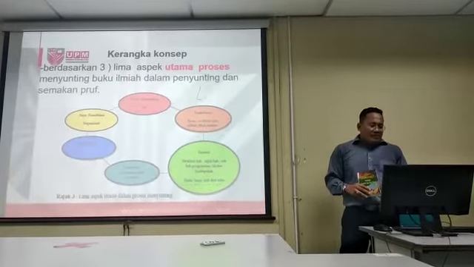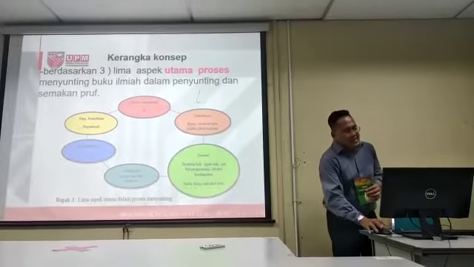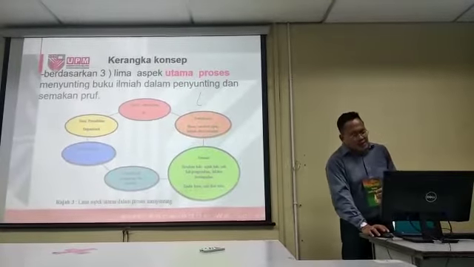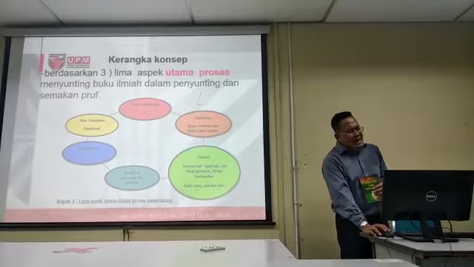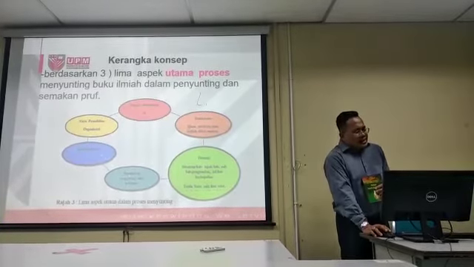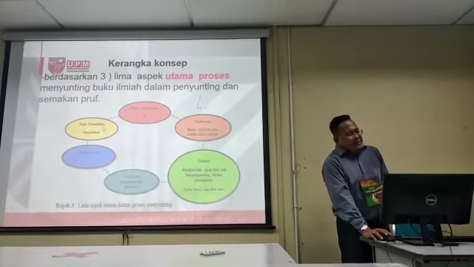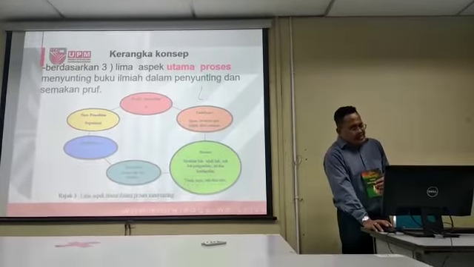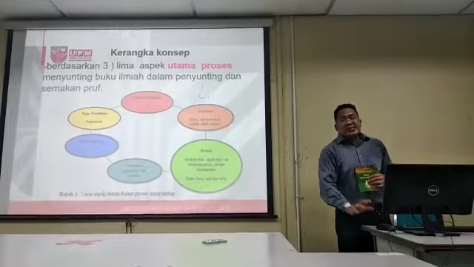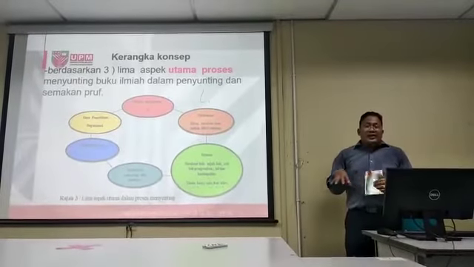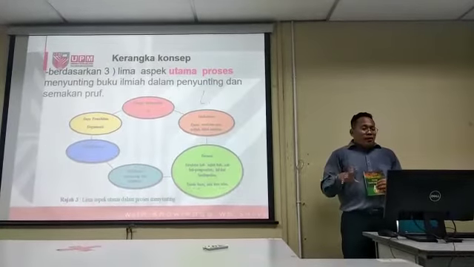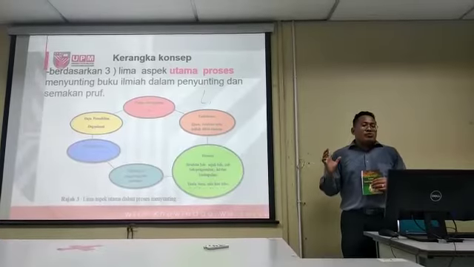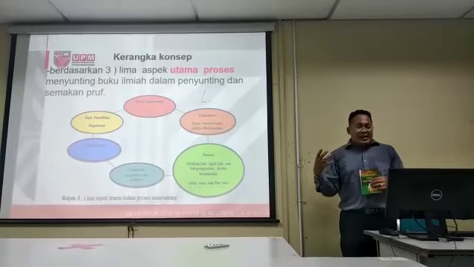The very important processes here are editing, language, format, idea, readability, and publishing house style. That's why there are six elements here, very important for every book to edit and publish.